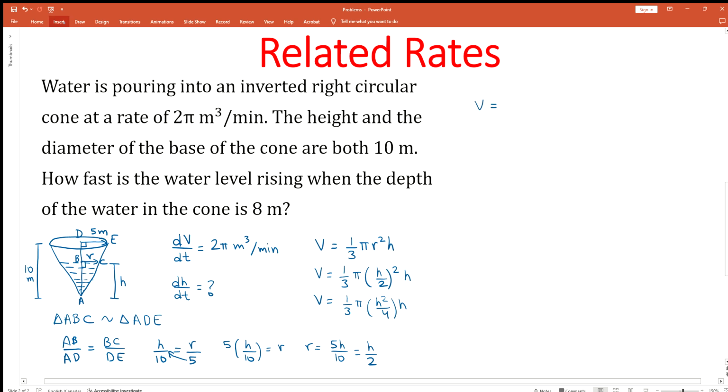We can multiply 3 and 4 because they are in the denominator. This is the formula for volume in terms of h: V = 1/12 π h³. Now we can find the derivative of the terms in this equation with respect to t. On the left side, the derivative of V with respect to t is dV/dt. On the right side, 1/12 π is a constant. It's the coefficient of the term, so it will stay as it is.